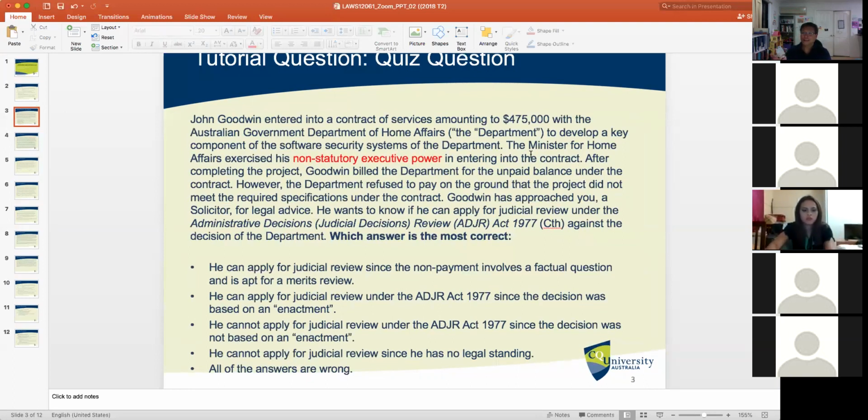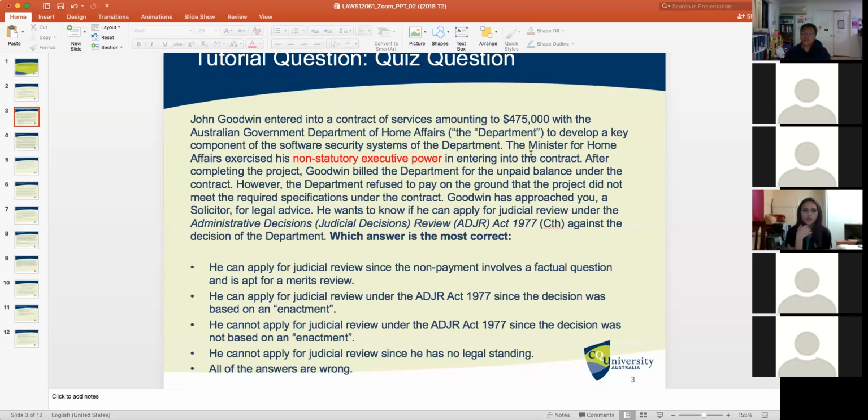Because there is no enactment, as pointed out by Sari, the executive decision was based on the exercise of an inherent executive power. The question is, can there be recourse to the ADJR Act? You should have the answer by now.